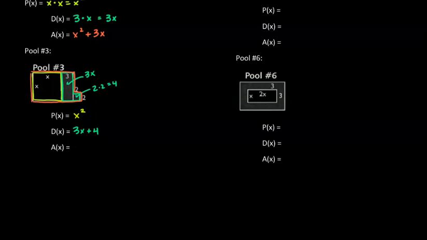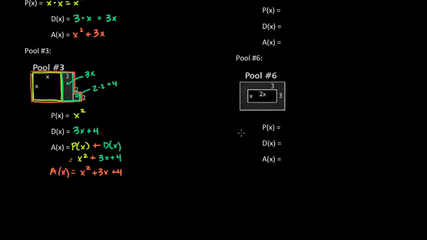I think the best way to do this would be to take the pool area plus the deck area. So the pool area is going to be x squared, plus 3x plus 4. So if we write all that out just as one function, it would say x squared plus 3x plus 4. And that's our altogether function. Our A of x function is x squared plus 3x plus 4.